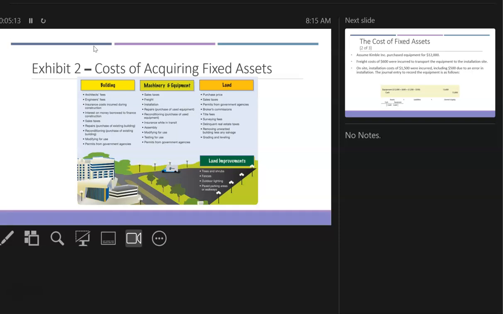Here are some examples of costs that get added to the asset. If we're dealing with a building: architect fees, engineer fees, insurance costs during construction, only during that time, because we know insurance costs on an annual basis, just like property taxes on an annual basis, are expensed. But while the building is being constructed, all the costs related to utilities, insurance, interest get added to the cost of that asset.